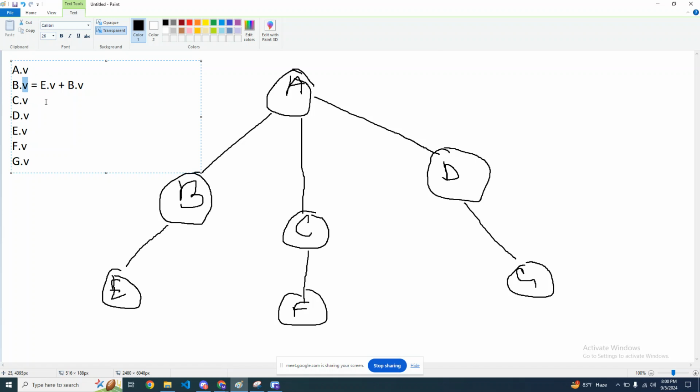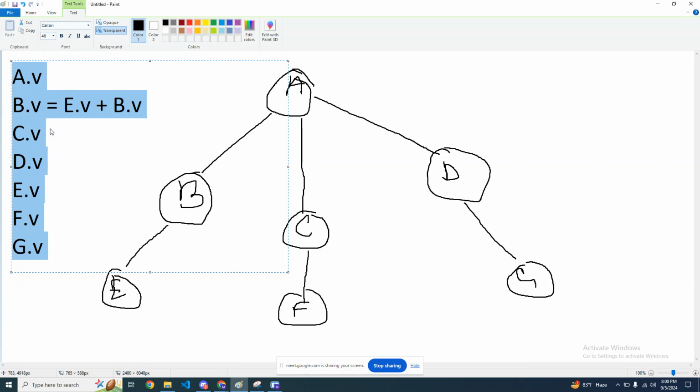Is this a synthesized attribute or inherited attribute? This is a synthesized attribute because it is calculating the value by taking the value from itself or from its children, right? It is not taking any value from its parent or its sibling.